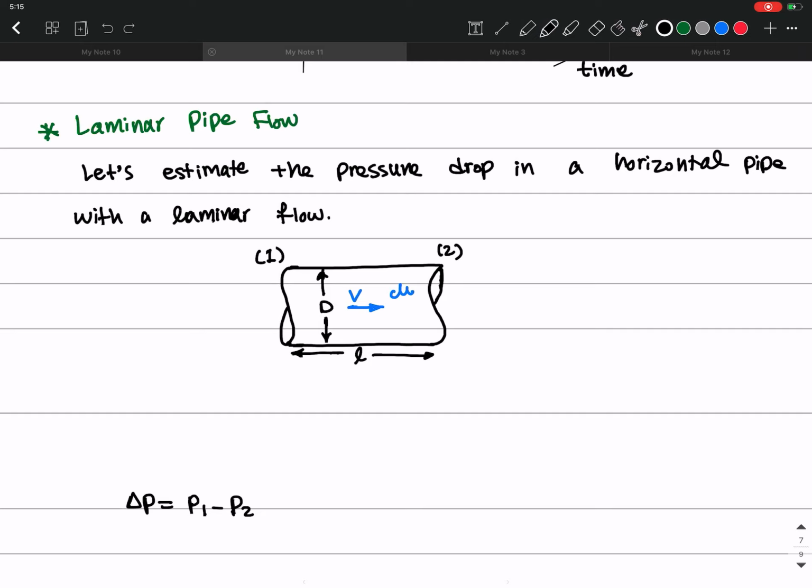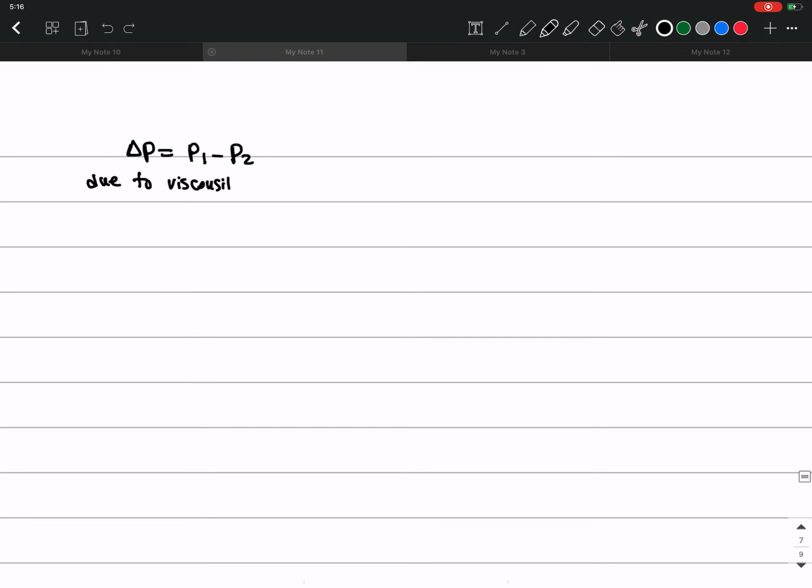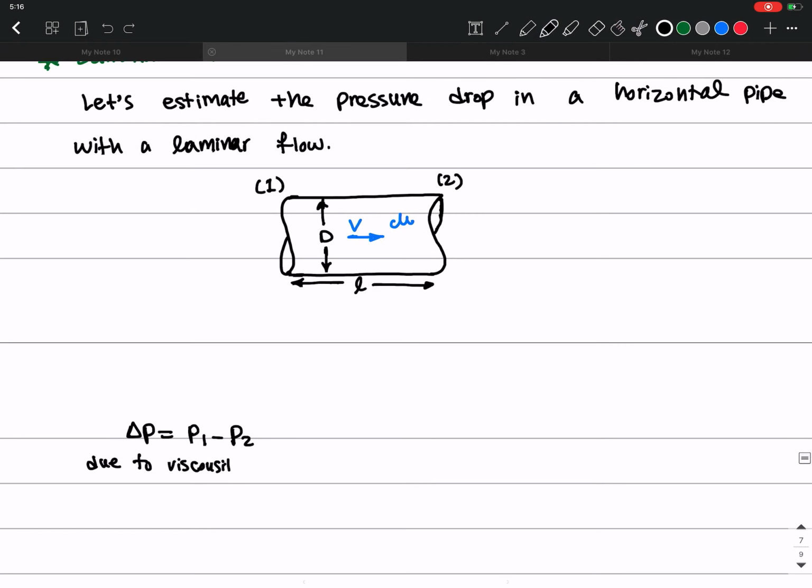Because of the viscous friction at the boundaries of the pipe. Okay, so that is my first thing that I want to find. So pressure drop due to viscosity.